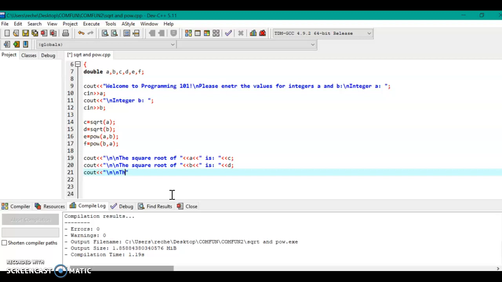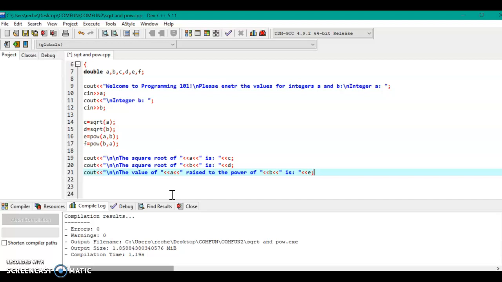Okay. So the value of, right? So the integer a, all right, raised to the power of variable b, alright, is, then the answer would be e.